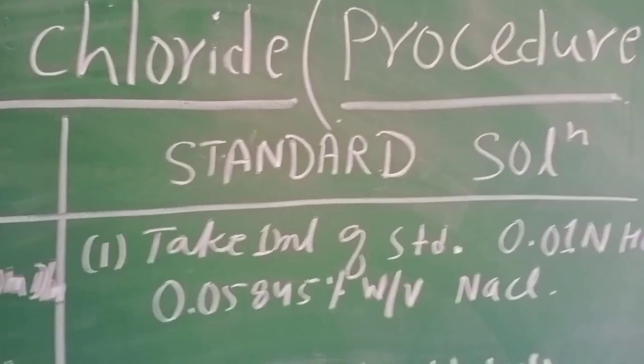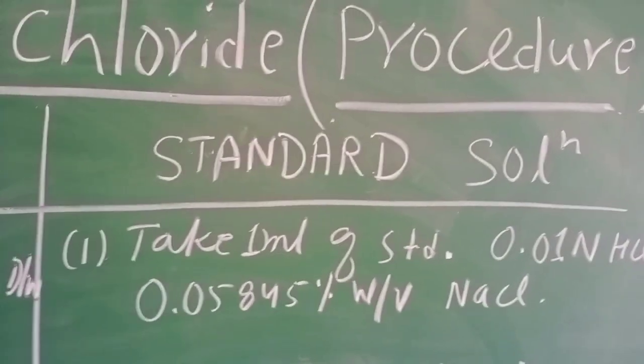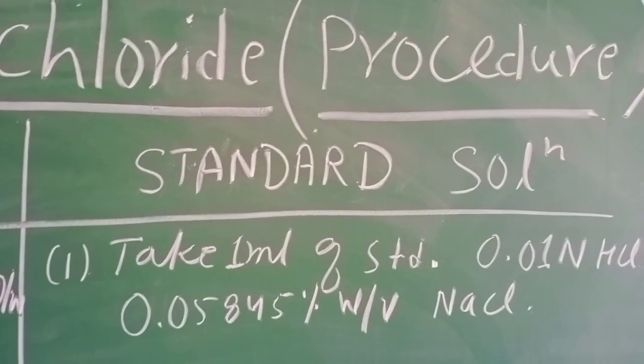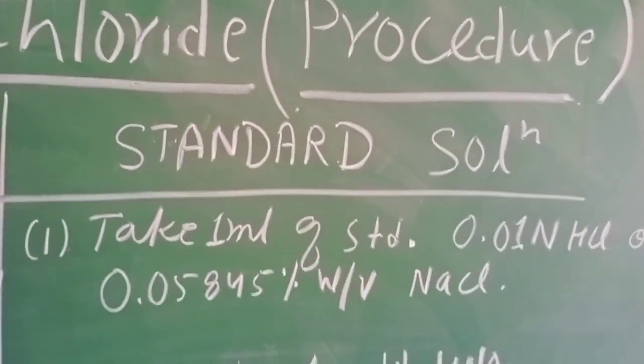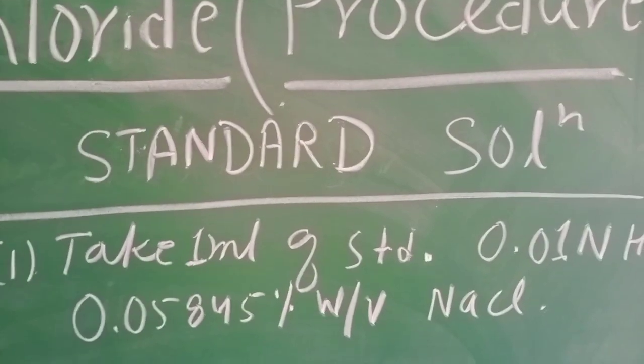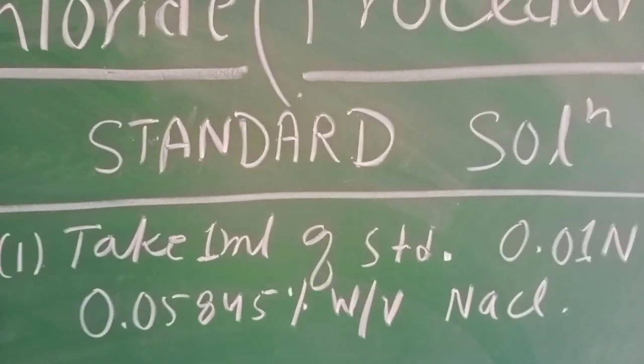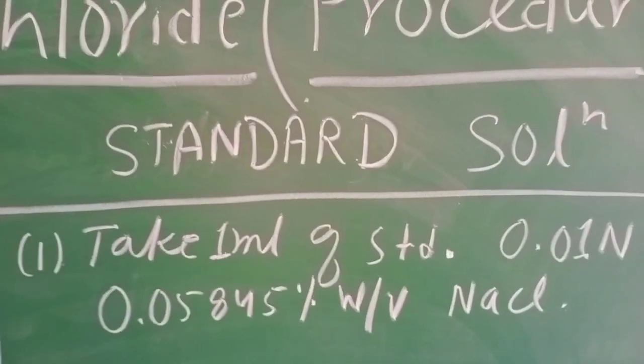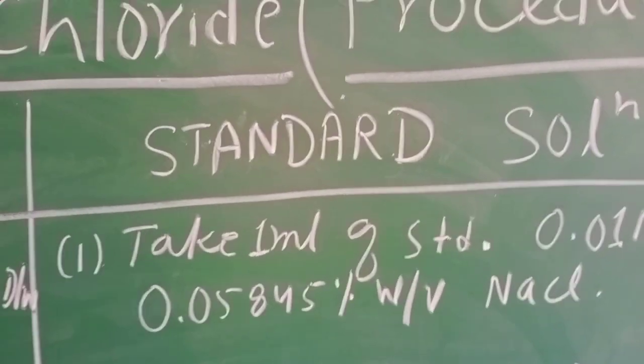So in the standard solution or reference solution, the net concentration of chloride is well known, and it is within a predefined limit.